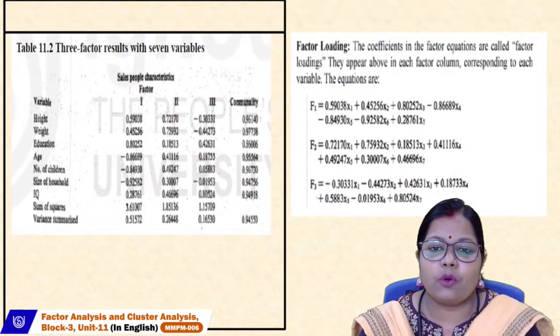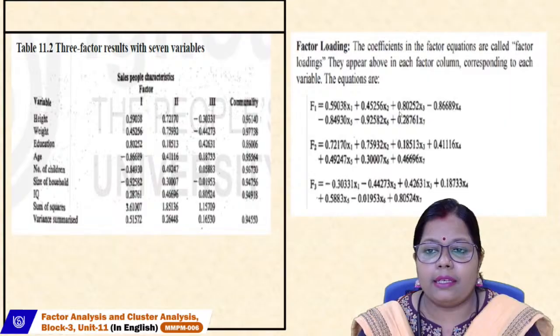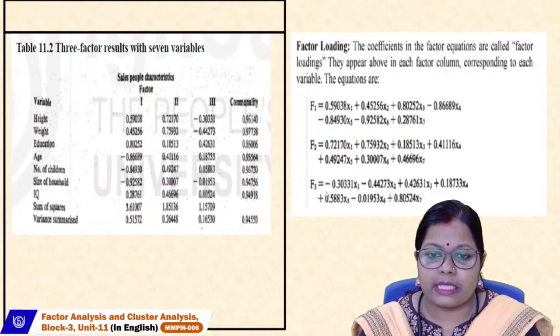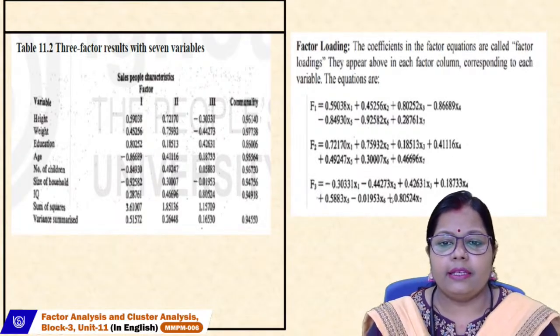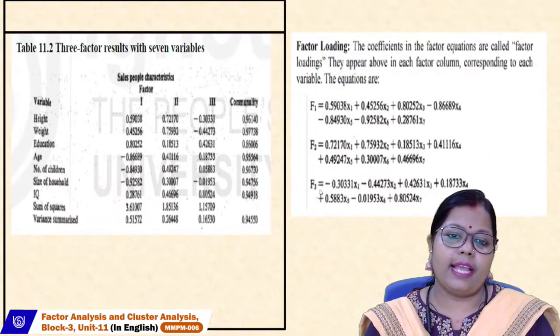We have multiplied the coefficients of the respective variables with the variables, and the solution is the answer of the factor analysis, F1 for the first factor. Similarly the second factor we have calculated here, and for factor 3 we have calculated F3.